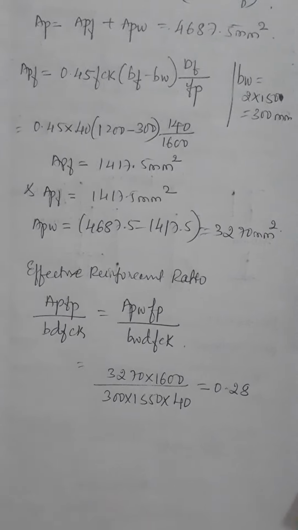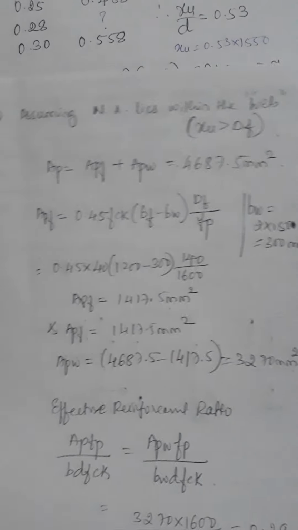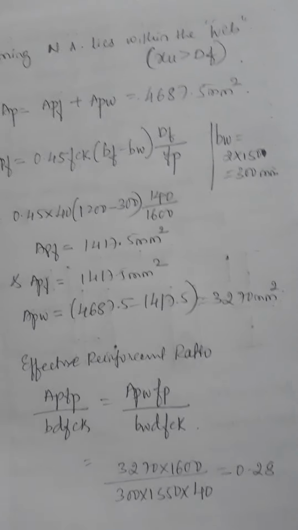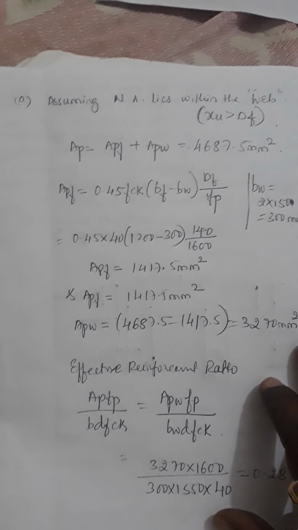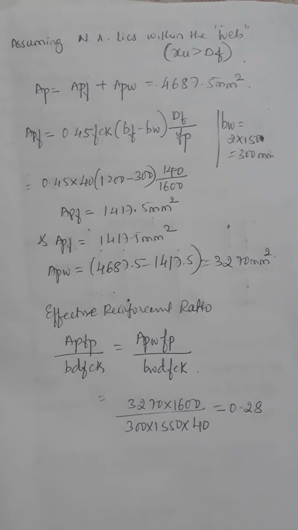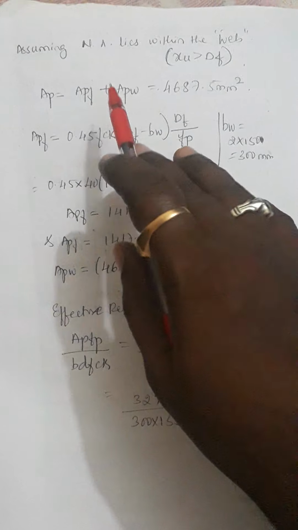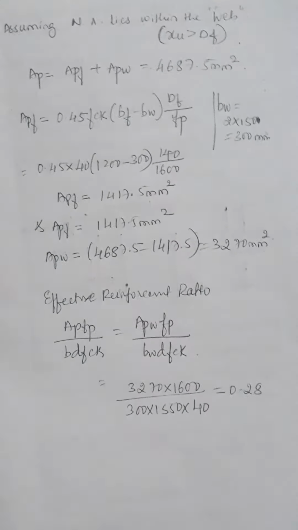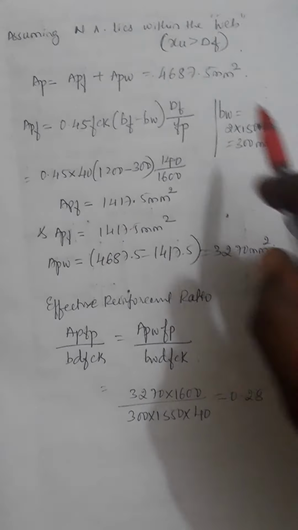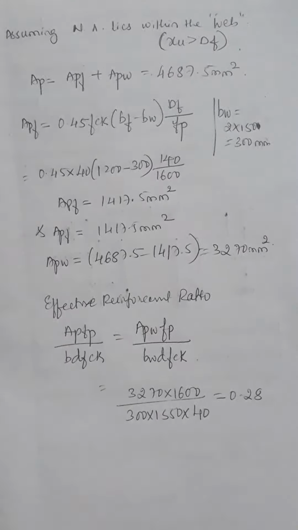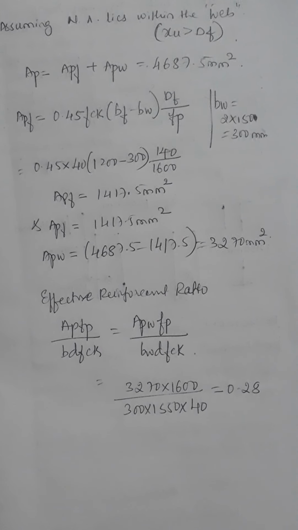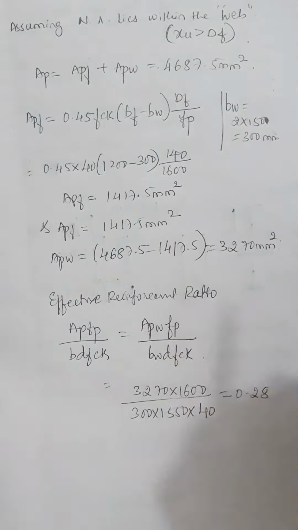Next, let us assume the neutral axis lies within the web, that is XU is greater than depth of the flange.